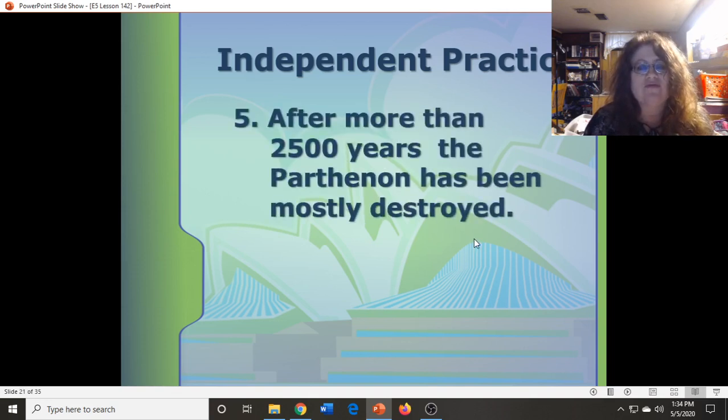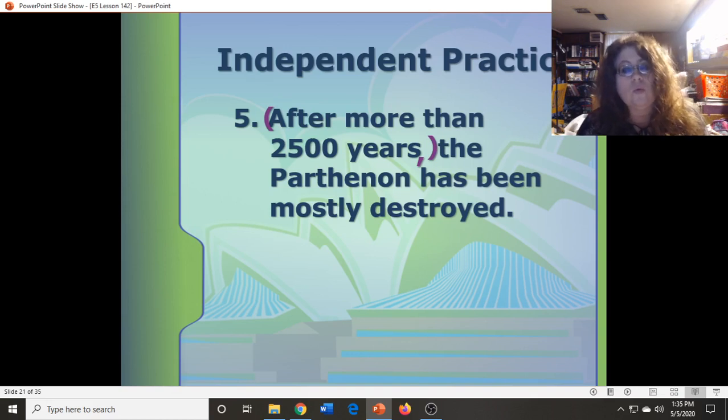Number 5, after more than 2,500 years, the Parthenon has been mostly destroyed. We've got a prepositional phrase, 5 words, beginning of the sentence, so we use a comma to separate it from the rest of the sentence. The subject of this sentence, what are we talking about? The Parthenon.